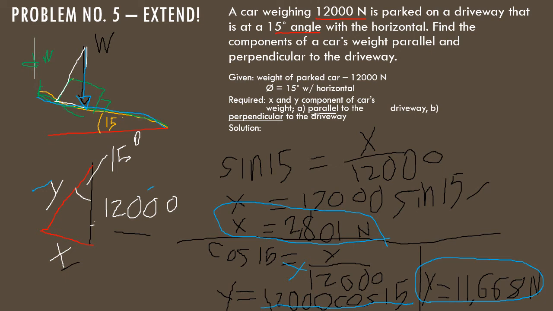Kung i-analyze mo yung answer, if ever baliktad siya, mas magiging mataas yung x component. Kung mas mataas ang x component kesa sa y component, ano kaya ang mangyayari sa kotse?